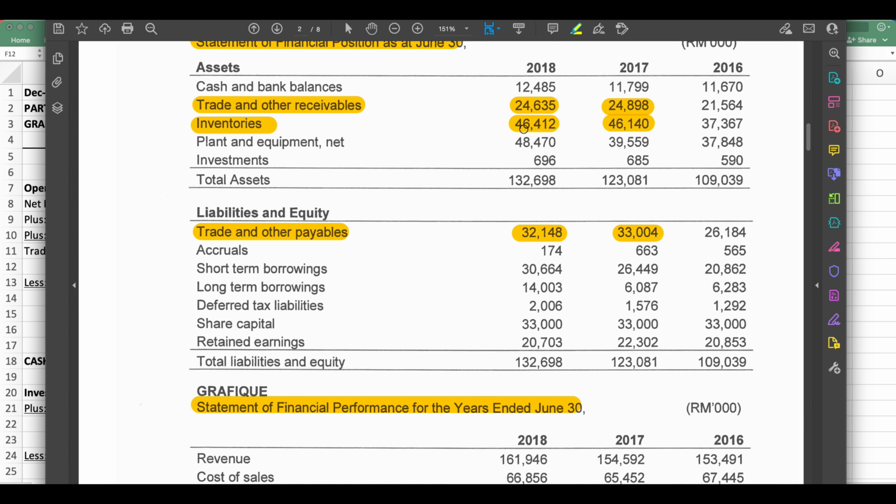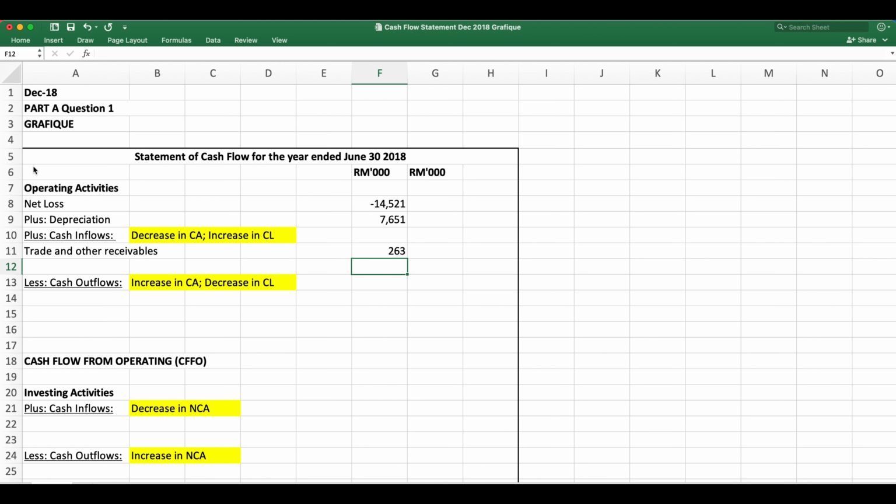So meaning to say here, Graphic buys more inventory. So that's why the inventories increase in year 2018. When Graphic buys more inventories, that is cash outflow. So that's why we are going to record the increase in the inventories as cash outflow.